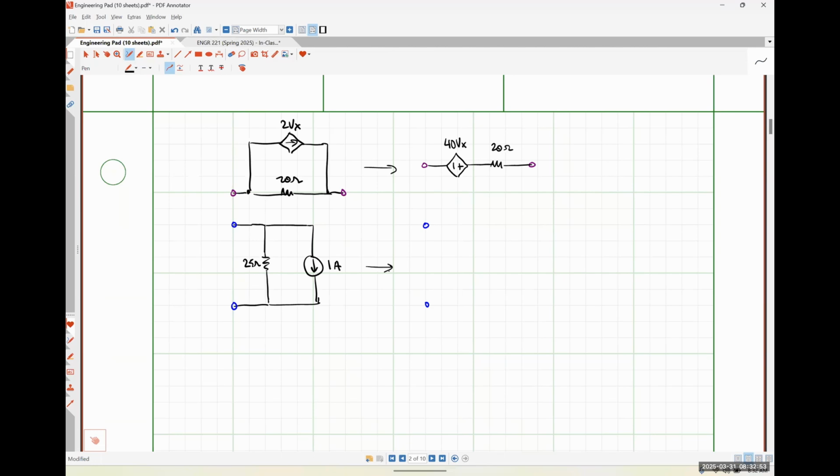A 25 volt source in series with a 25 ohm resistor. And our voltage source will have positive polarity on the bottom because the arrow was pointed down.